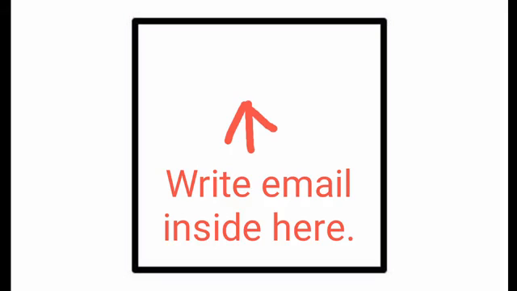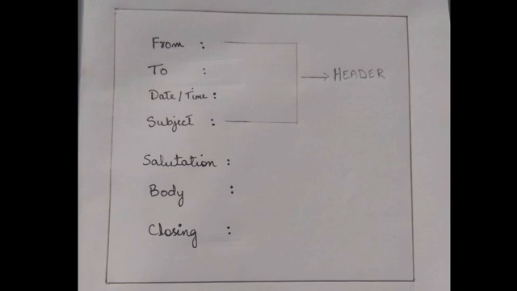So it is very crucial that you make a clean cut outline and write the email within the box, within the margin. Under the format of email, you must mention the different features. You have to mention the sender's address, the receiver's address, the date and time, the subject, the salutation, the main body, and then lastly the closing.